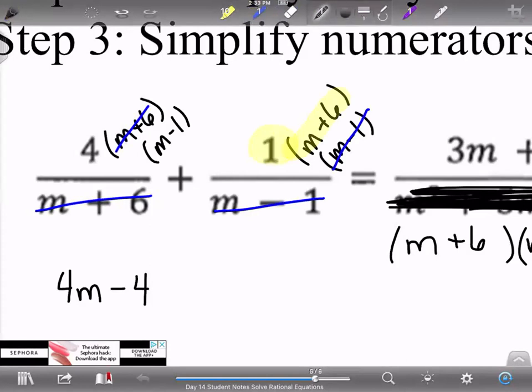So I'm going to multiply 1 times m to get m. It's positive, so I'm going to put a plus sign. Then I'm going to take 1 times 6 to get 6. And that's going to take care of the second fraction.